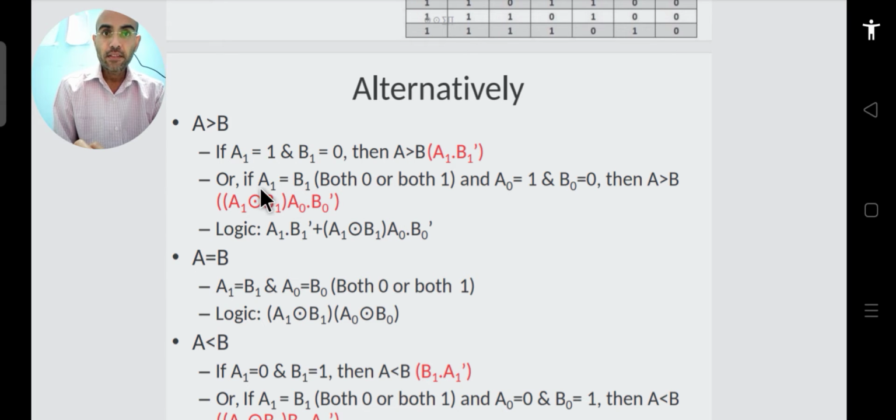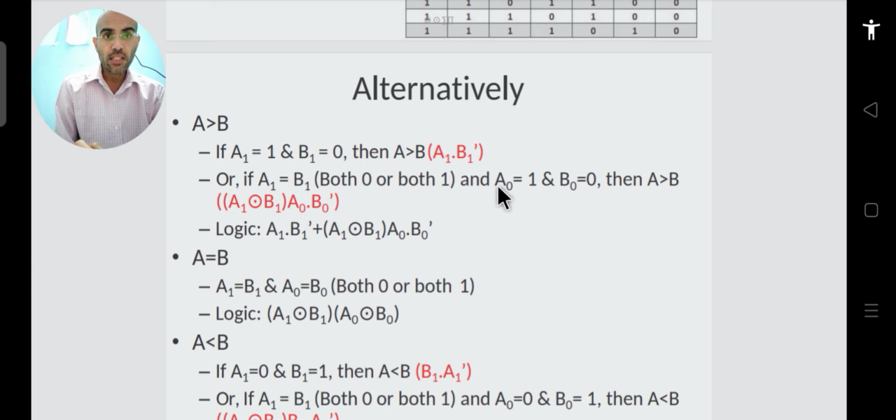The other way around, if A1 is equal to B1, that is, both of them are 0 or both are 1, and simultaneously A0 should be 1 and B0 is equal to 0, then for these cases you will find that A is greater than B. So how to write the mathematical expression for this?